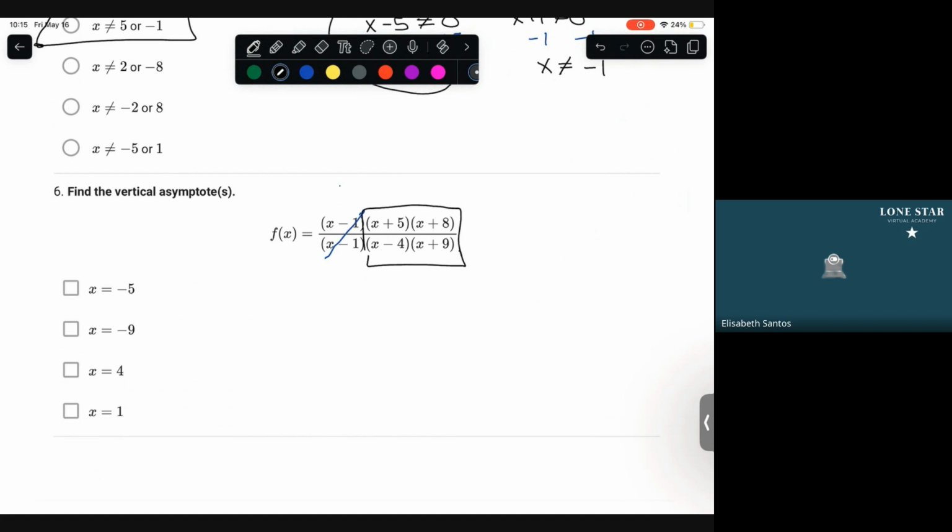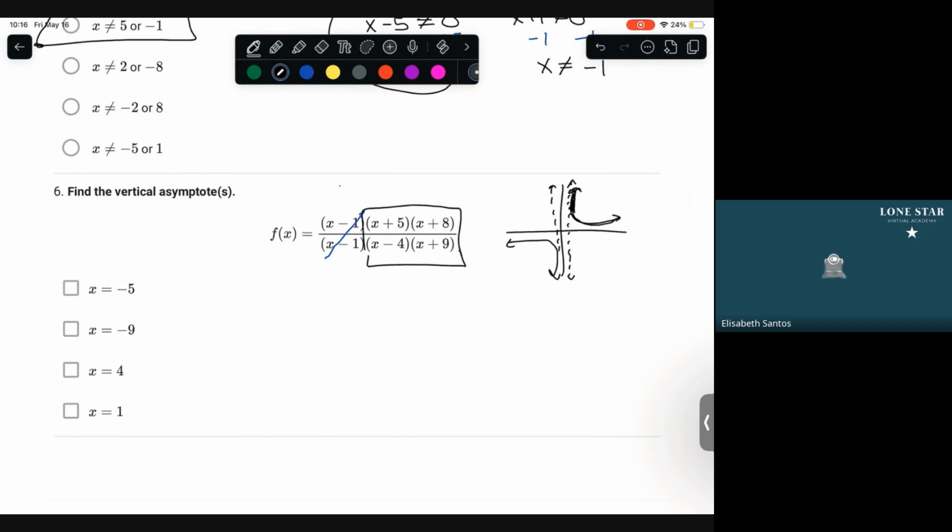And vertical asymptotes, what they are, so I have my rational graph right here. It's like a barrier where the graph will never touch it. It'll get close to it, but it'll never touch it.